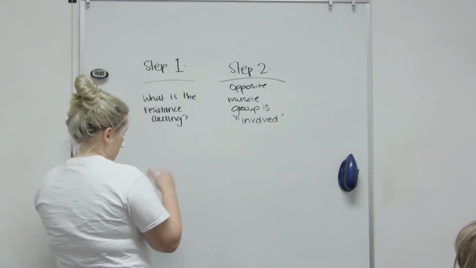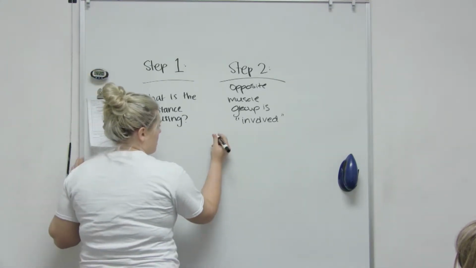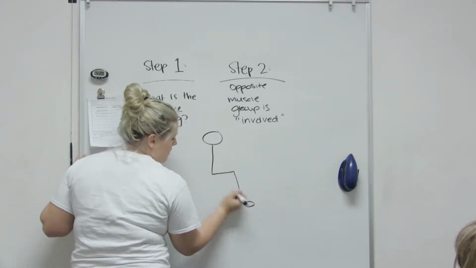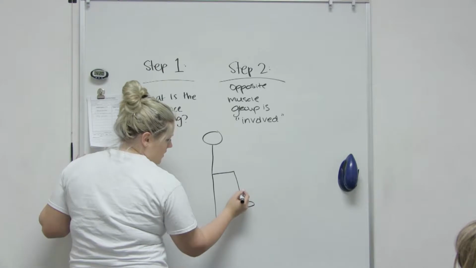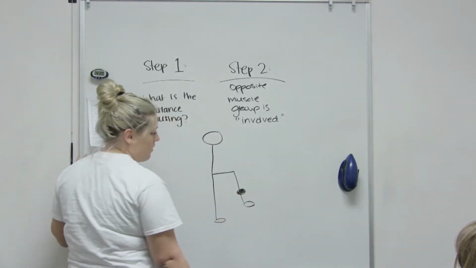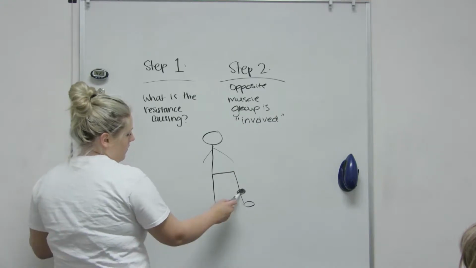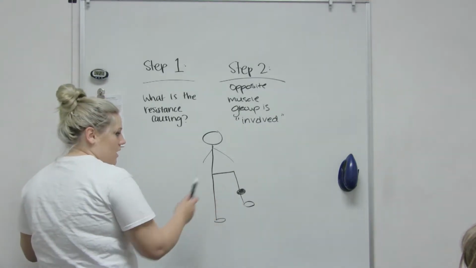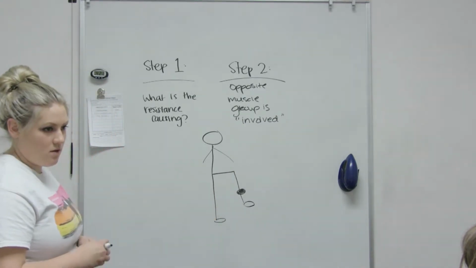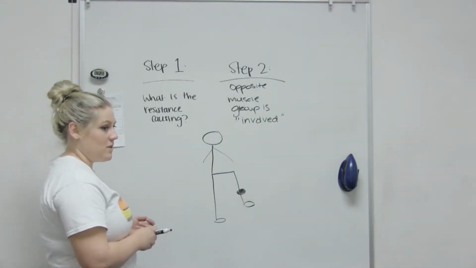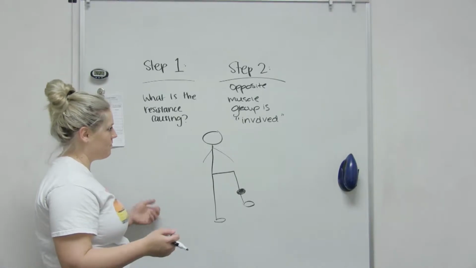So let's do a couple examples. If we have a guy standing like this, and he's got this ankle weight, what is that resistance going to cause to happen at his hip? What movement is it going to cause?